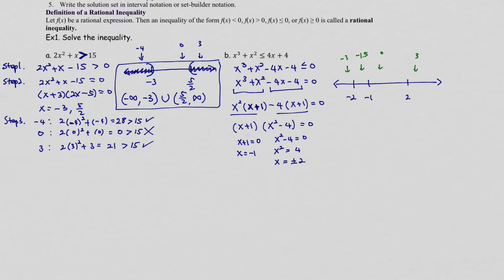But just for the sake of it, I wanted to prove it to you, so I'm going to try all 4 areas. So when I try, let me make sure, right? Negative 3, negative 1.5, 0, and 3 are the testing points I wanted to use, right?